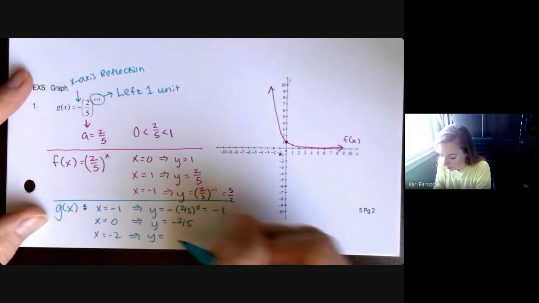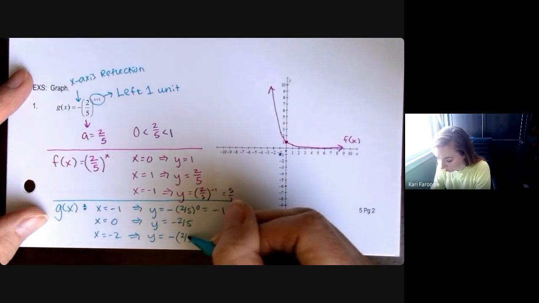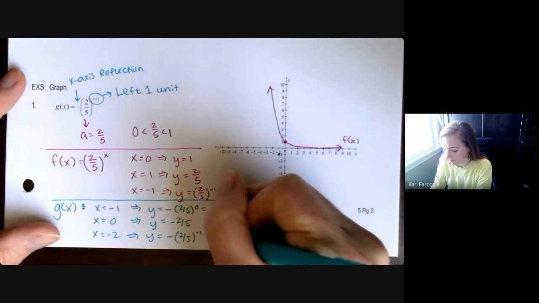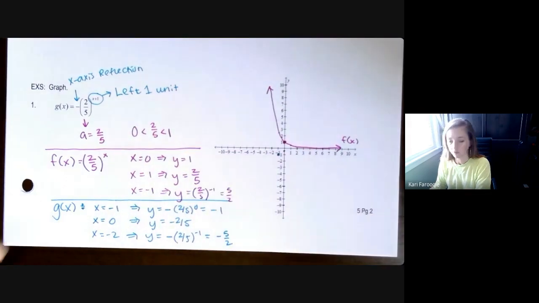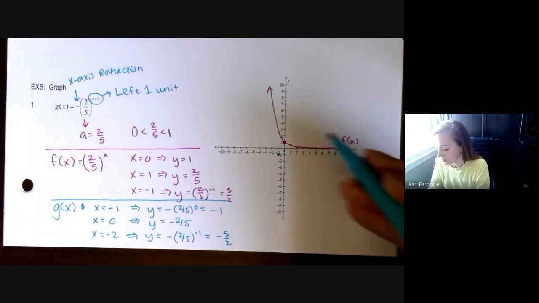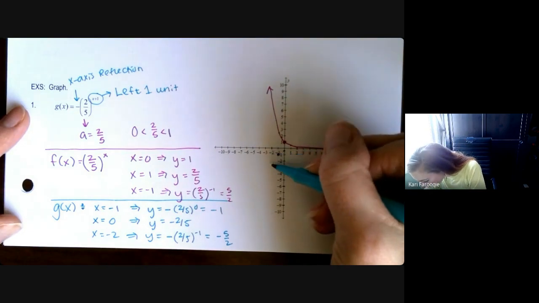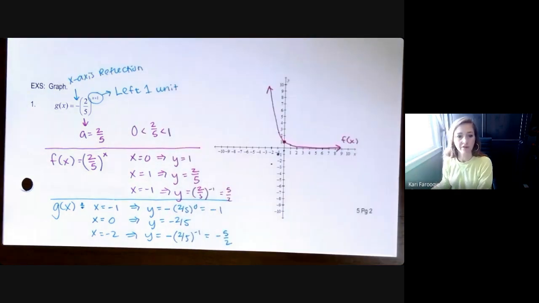If that's the case, then you'll have y equals negative and then 2/5 to the negative 2 plus 1, which is negative 1, which is just going to be negative 5/2. So if x is negative 2, y equals negative 2.5, which is about right there on your graph.